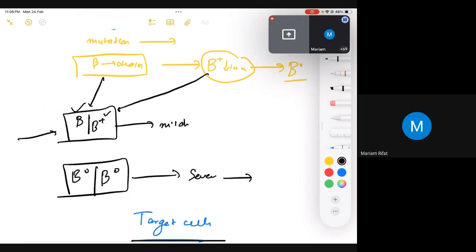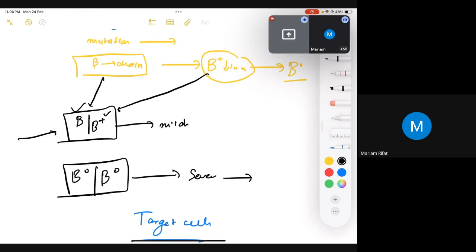Yes, in the case of beta thalassemia, there are 3 types of beta genes. B is the normal, B plus is the minor, meaning some abnormality, and B naught is the mutated B, severely mutated with no ability to form the beta chain, so it's going to be the severe form. So if B and B plus are present, it will be the mild beta thalassemia minor, with mild microcytic anemia.